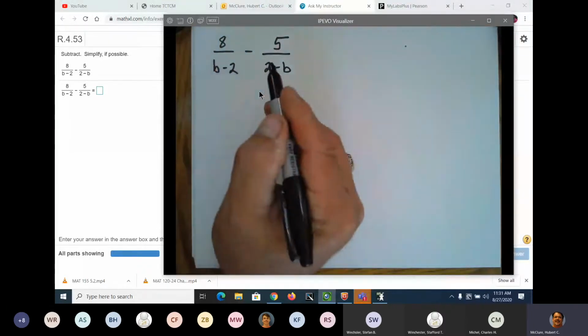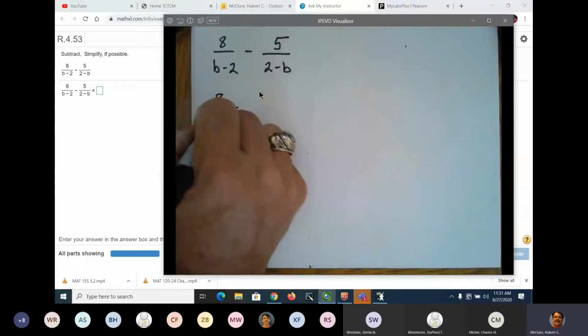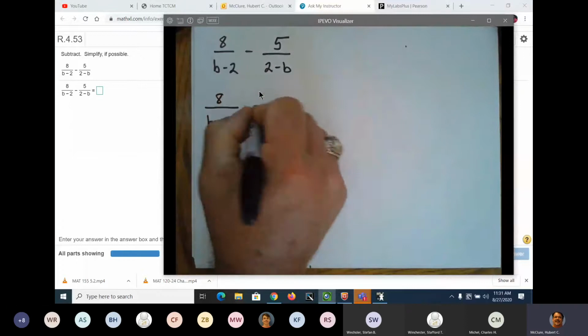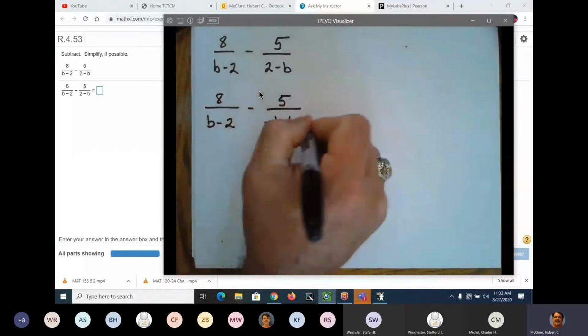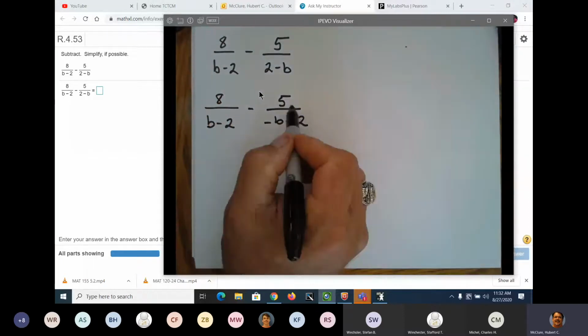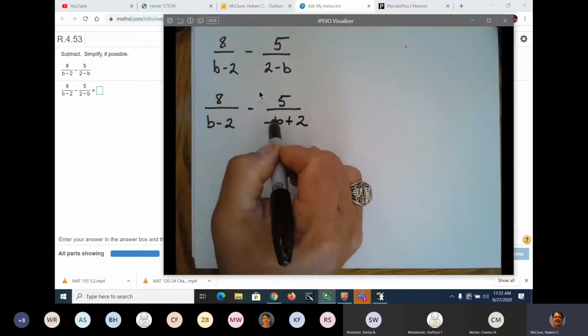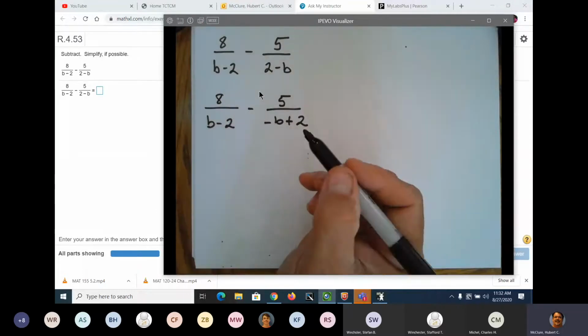So I'm going to rewrite this as 8 over b minus 2 minus 5 over negative b plus 2. Well, it looks like I could factor out a -1 on top and bottom right here, and it might give me a common denominator.